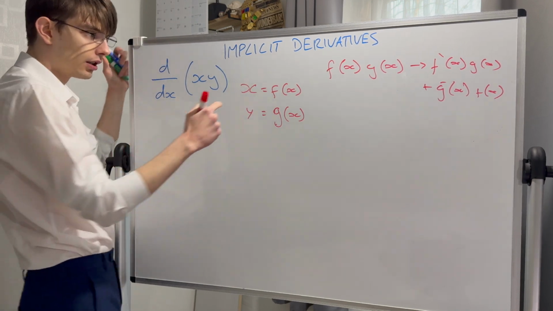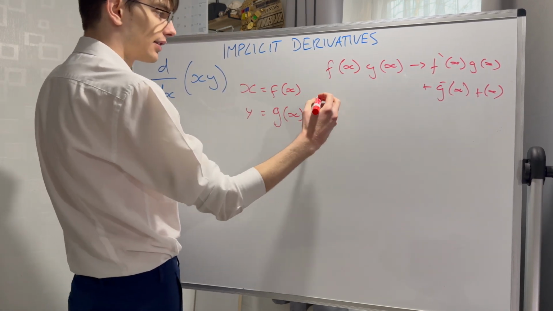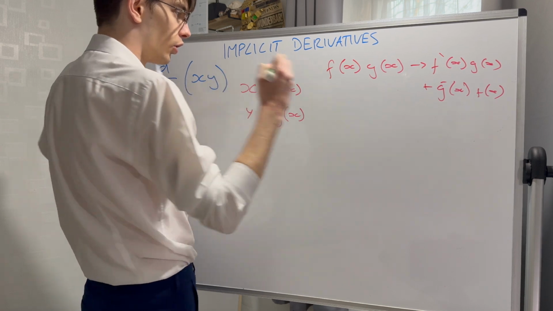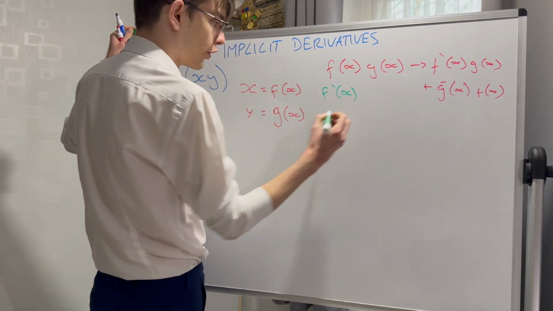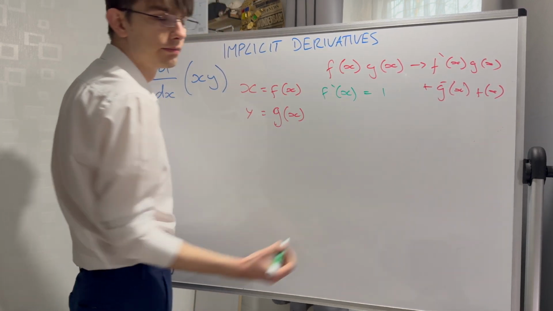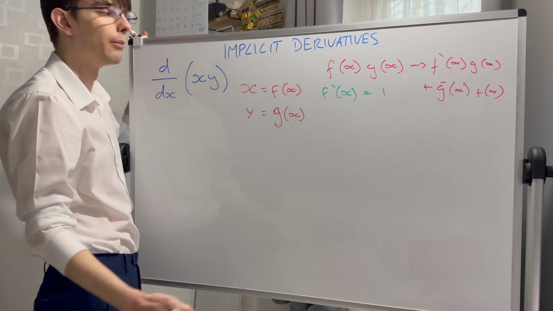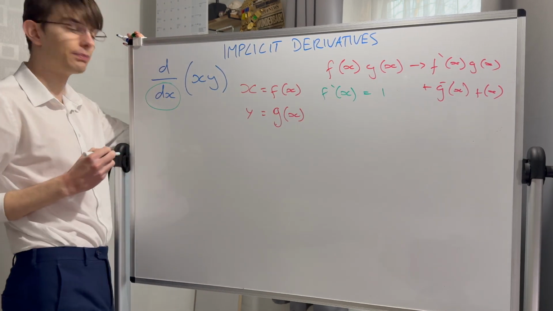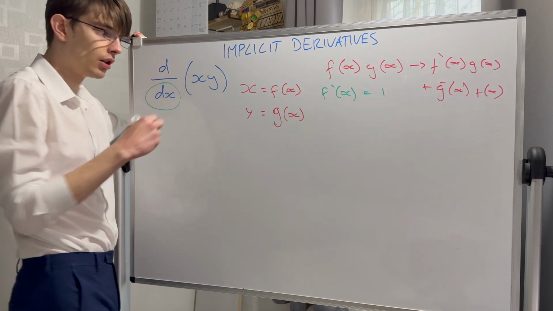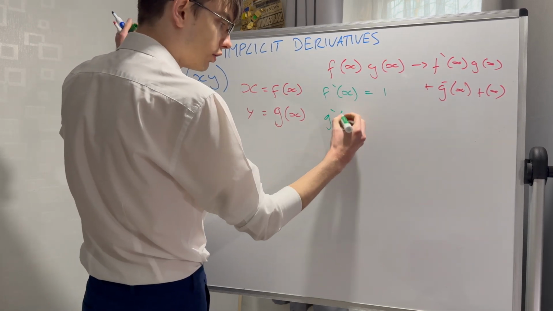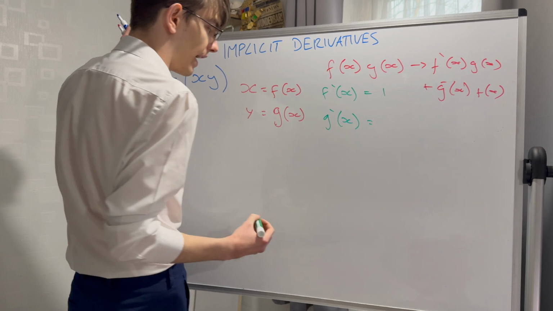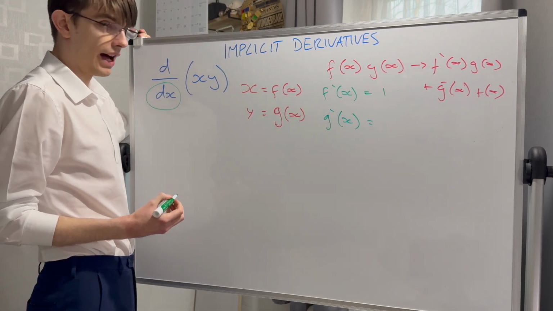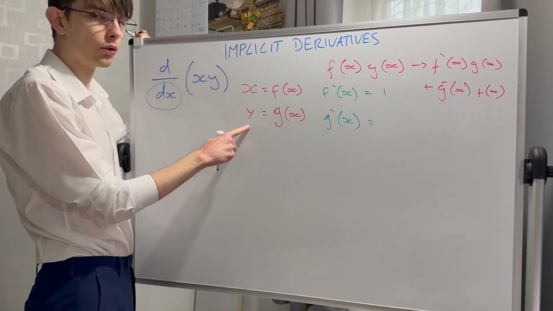So if x is f of x, use a different colour, what is f prime of x? Well, the derivative of x is just 1 with respect to x. Remember, all of this is with respect to x. So then, what is g prime of x? Well, there's no x here, there's just a y.